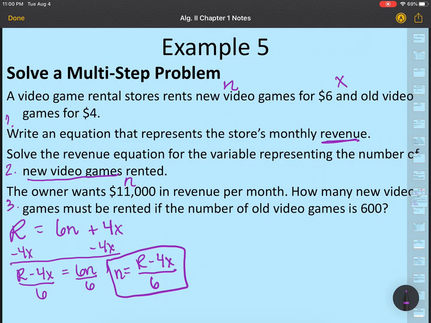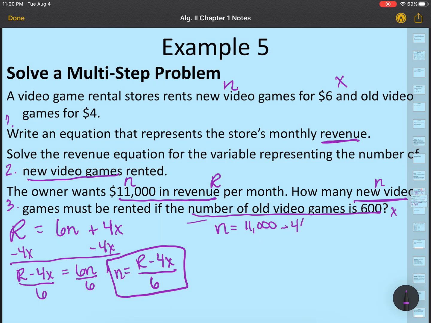Part 3. Okay. Well, the owner wants $11,000 in revenue. That's my R. So let me plug that in for R: 11,000. How many new video games, so that was N, must be rented if the number of old video games is 600? So that was our X, if you remember, for old video games. So let me plug that in my equation.